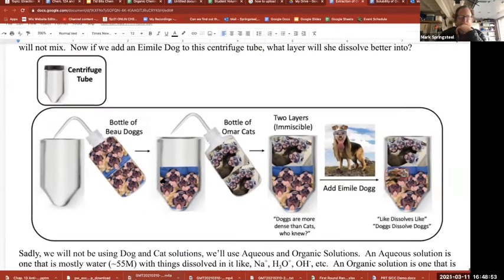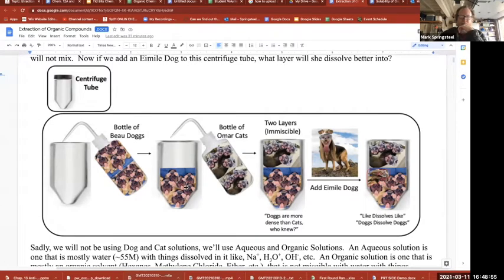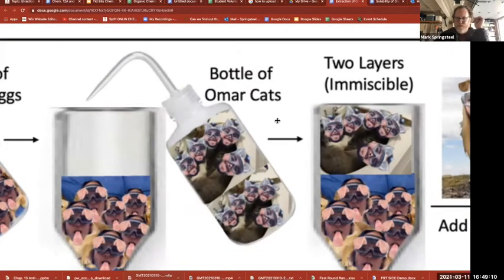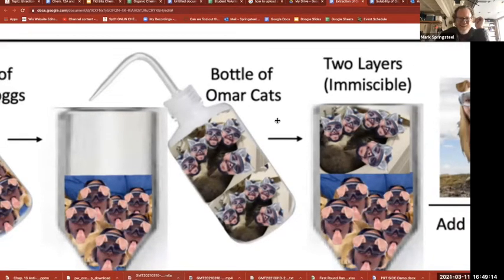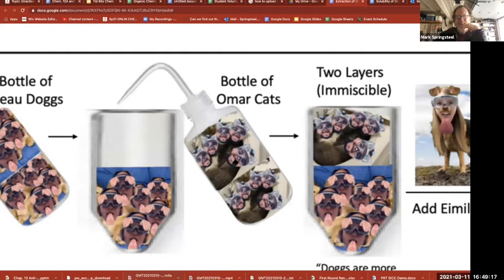If I pour a bottle of liquid Bo dogs into a centrifuge tube like this, this is a centrifuge vial, and then I add some Omar cats. Does anybody know Bo or Omar from last year? I know Bo from town. Yeah. And then I squirt in some Omar cats.